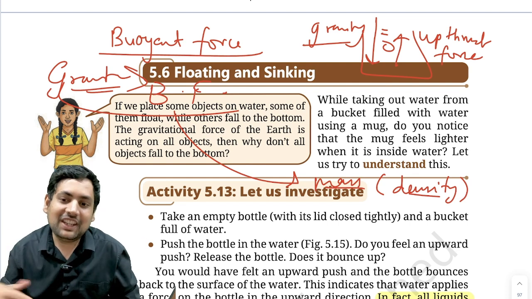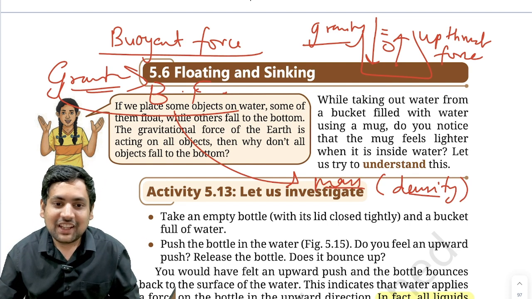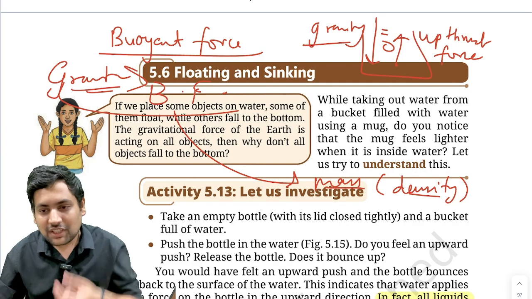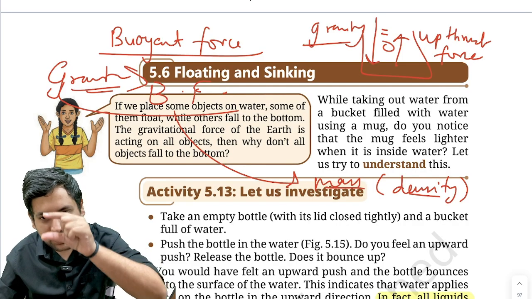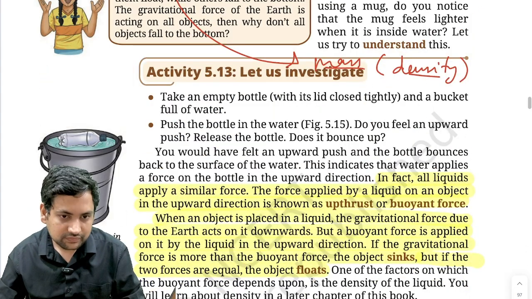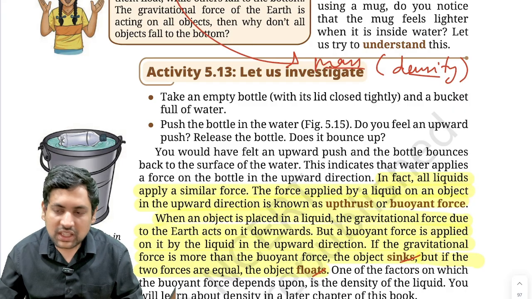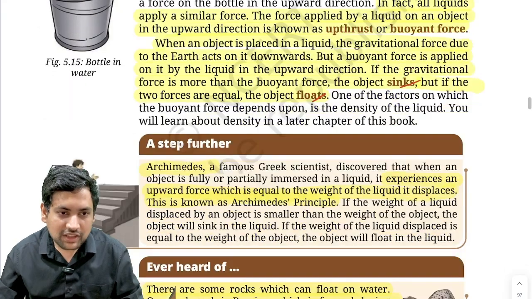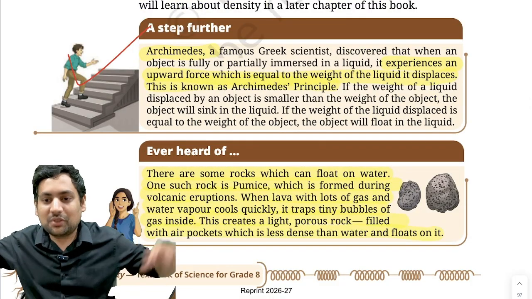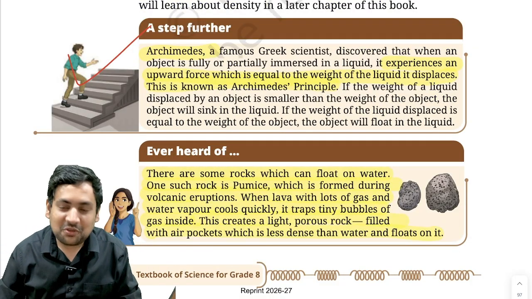Details of this we'll see in ninth class actually, that how this principle actually works. You can even calculate how much length it will go inside the water and how much it will float above. So these are the two forces on which basis you define sinking and floating. This was first discovered by Archimedes. If you remember that guy who shouted Eureka, Eureka, that was the principle he came up with.